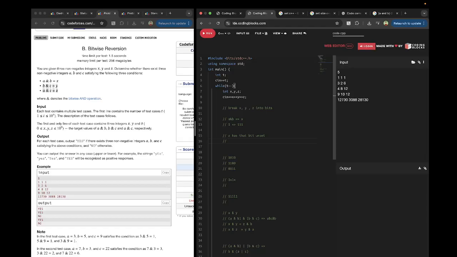Because, ah, that's not possible because... now that's possible because C cannot have that bit set, and then that would work.